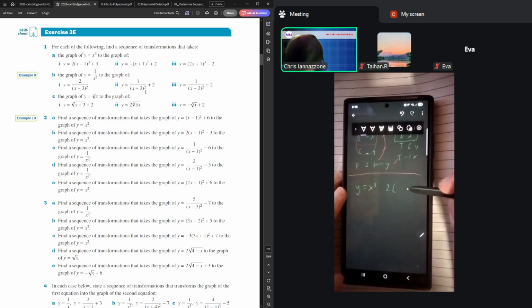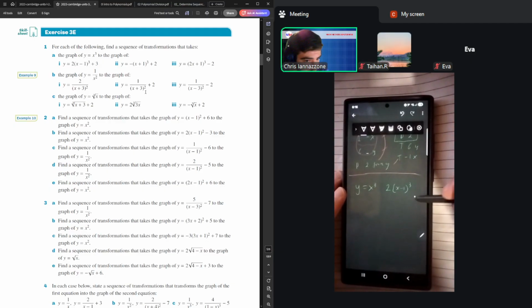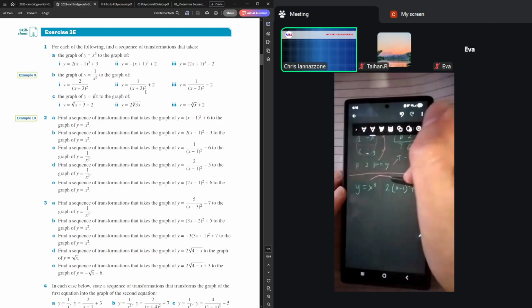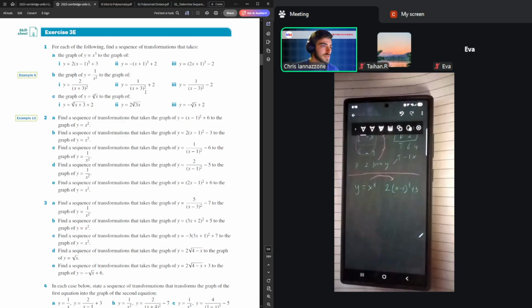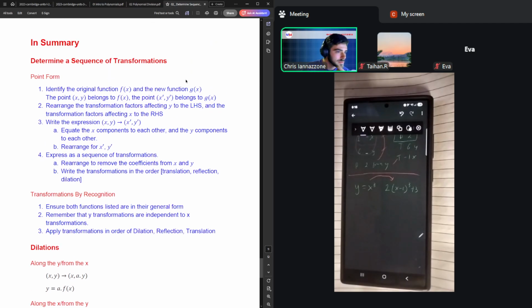2 bracket x minus 1 all cubed plus 3. Yes, okay. So starting from the left, going to the right. I'll pull up the steps on the screen share as well if you don't want to have a copy yourself.